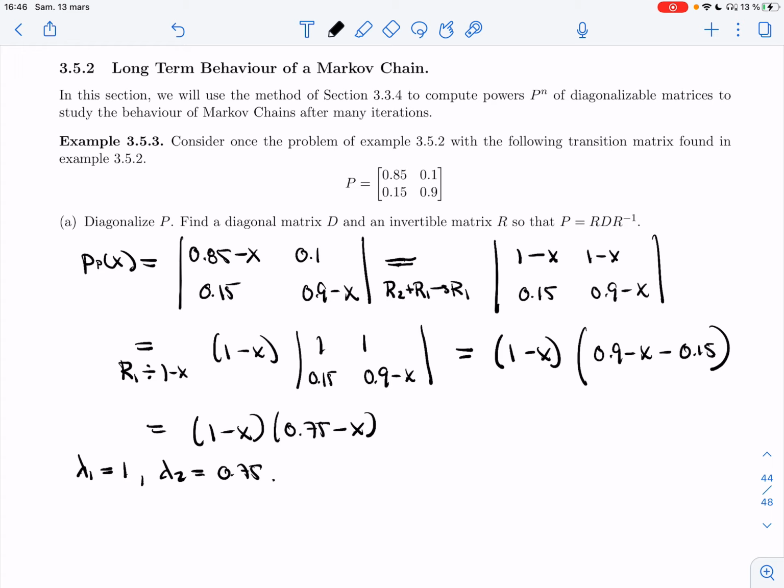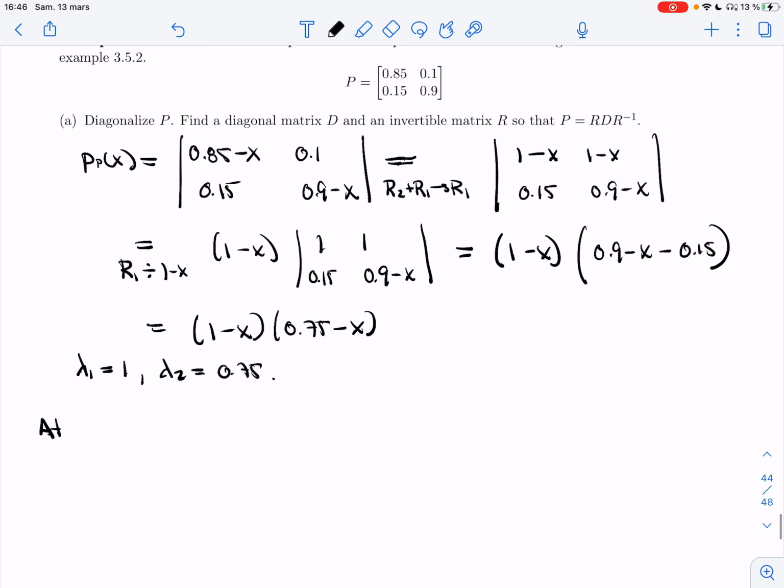All right, so we need to find a basis of eigenvectors. So let's check the first one. At 1, I will get minus 0.15, 0.1, 0.15, minus 0.1.